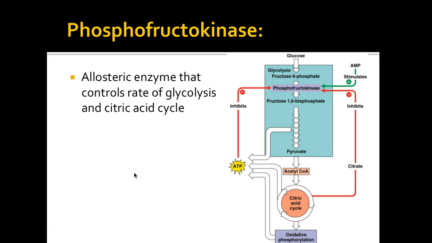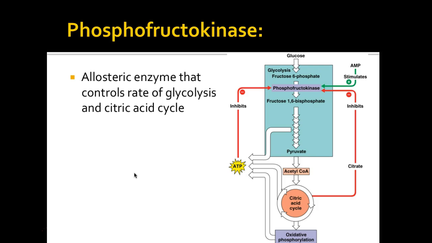So remember, as an allosteric enzyme, phosphofructokinase is going to convert fructose 6-phosphate into fructose 1,6-bisphosphate. If we start to generate a lot of ATP molecules, ATP can come in and bind to a point on that enzyme other than the active site and halt that process, and it will stop glycolysis from continuing.